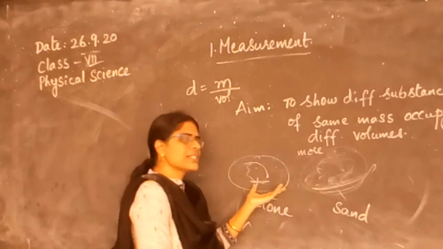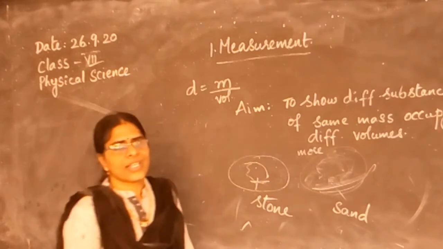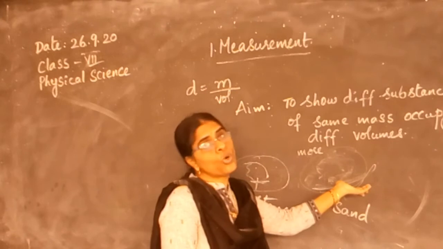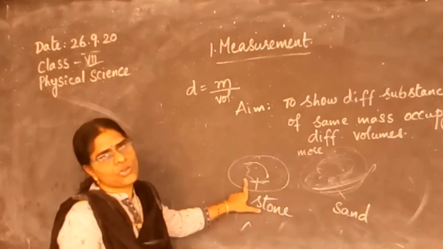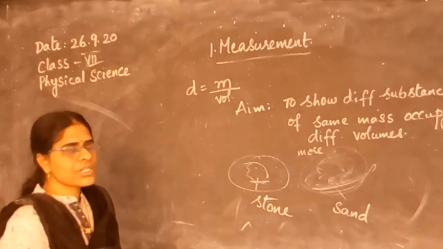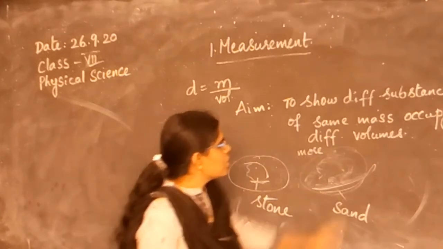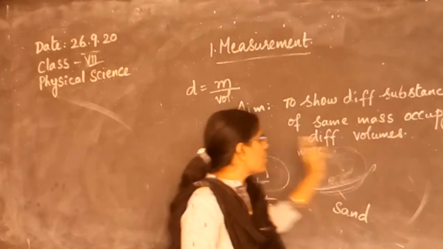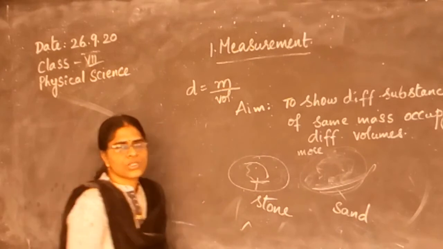Hence, both the masses are equal. By looking at them, we can say that sand is occupying more volume when compared to a stone. Okay, students, this is an activity to show different substances of same mass occupy different volumes.